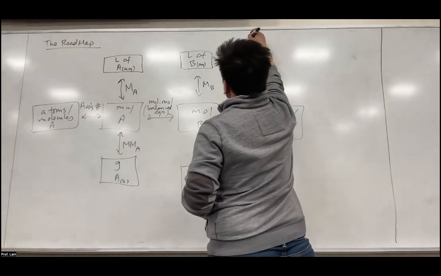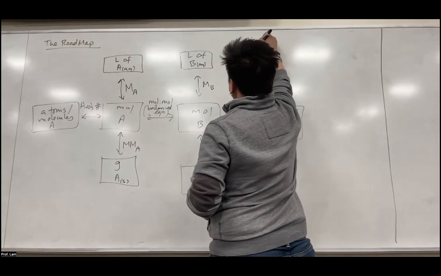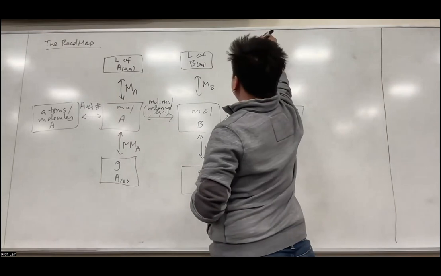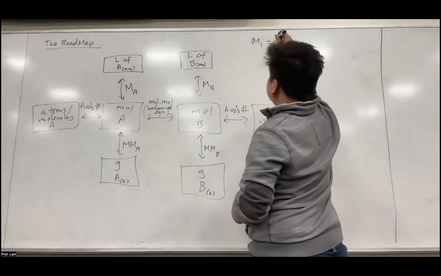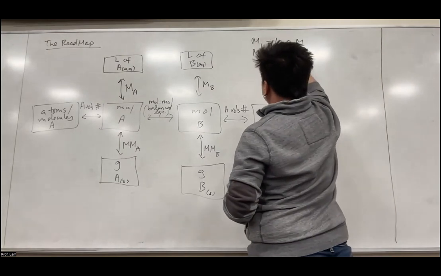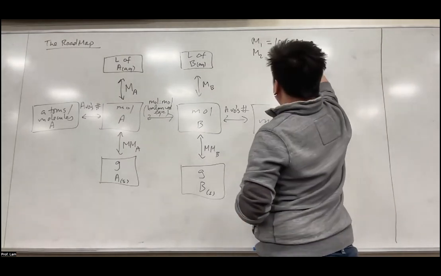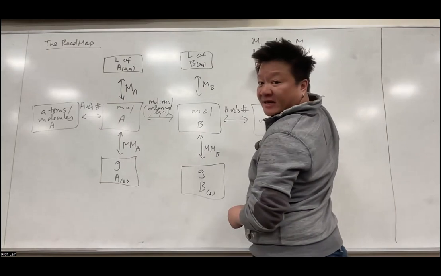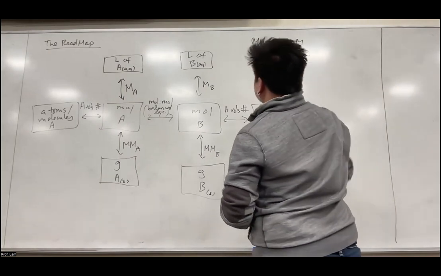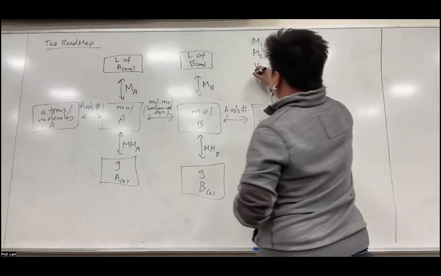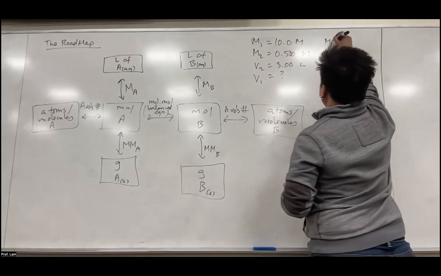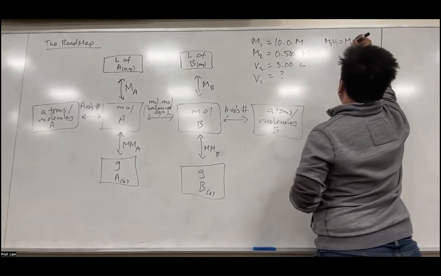So we have M1 is 10 molar. M2, the desired, is half molar. And V2 is given to us as 3 liters. Okay. So what we don't know is V1. And here's our dilution equation.